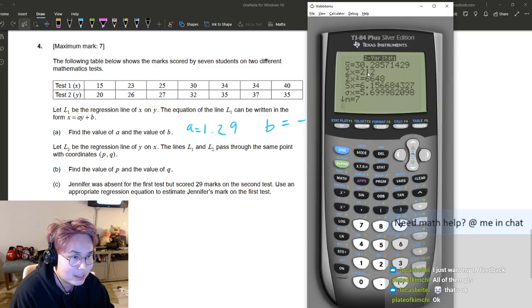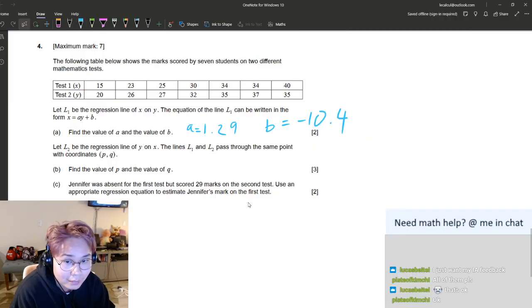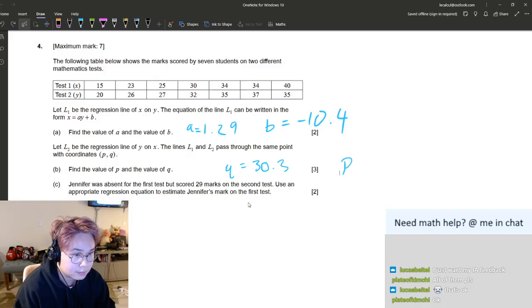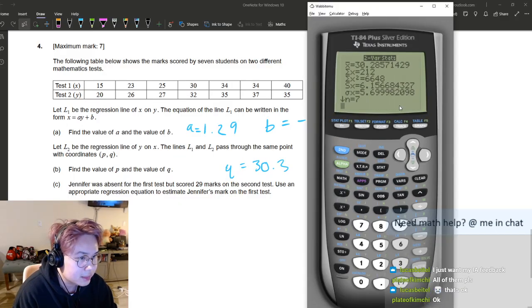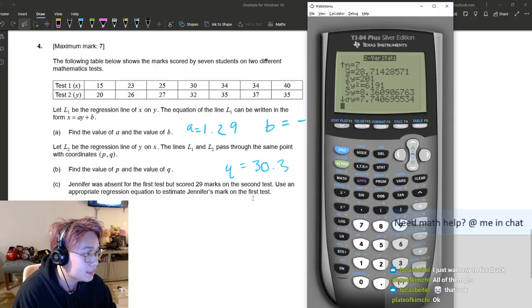So the q value, which is the y value, which is the x value in the calculator, is 30.3. Whereas the other one is going to be lower, right here, 28.7.